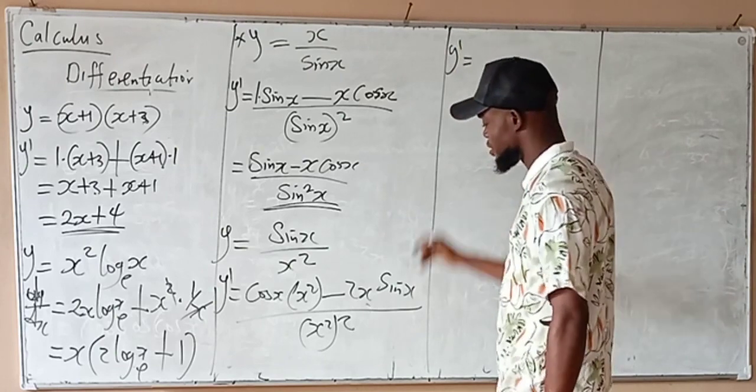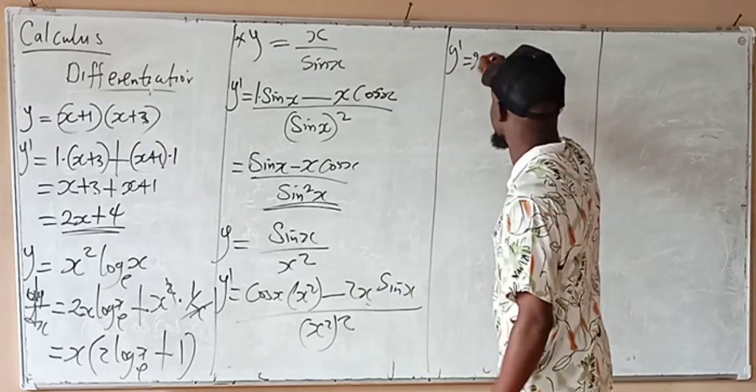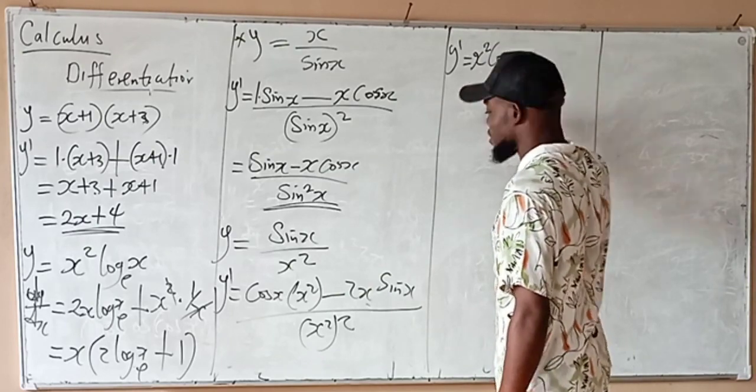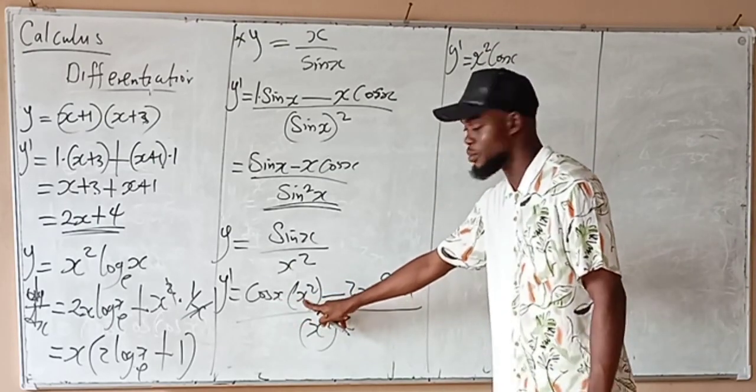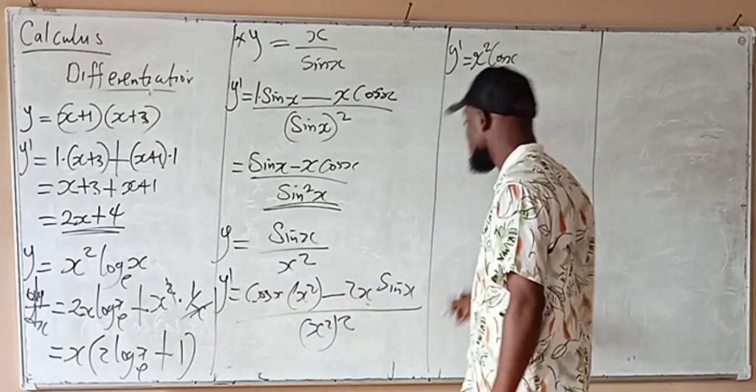So at the end of the day, the y prime will be: we have x squared cos x. Not x cubed cos x, because this x cannot multiply this, it's not possible, because this x and this cos x are together. Take note.